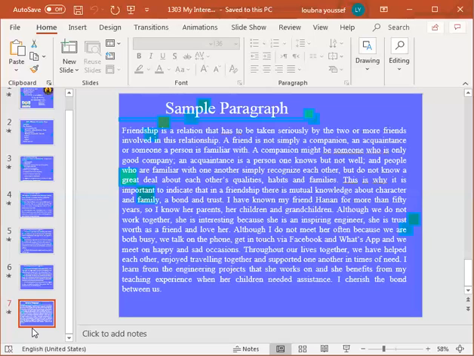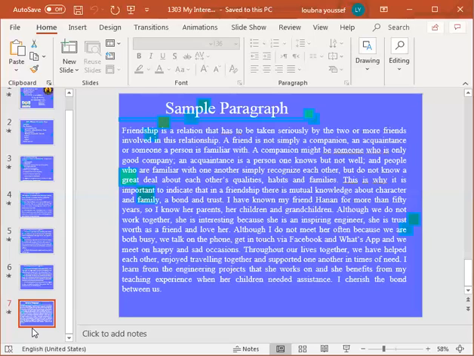So the writer has introduced a choice of a friend and has provided evidence that this friendship goes back a long way, and that the writer knows about the friend's family, past and present.